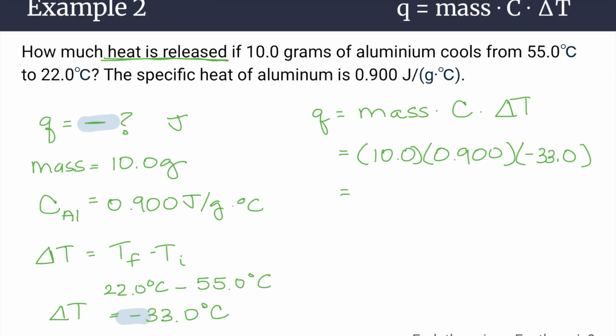So that mass times our specific heat times change in temperature means we get negative 297 joules as our Q value. Looking at sig figs, 3 sig figs, 3 sig figs, 3 sig figs. And so I rounded that to the nearest whole number. And our unit of joules is capital J as that abbreviation after our value.